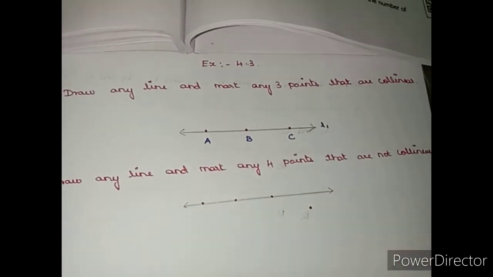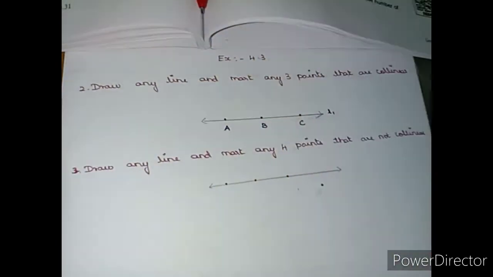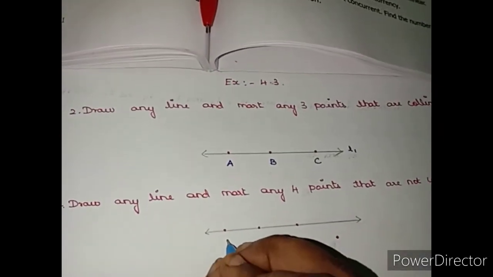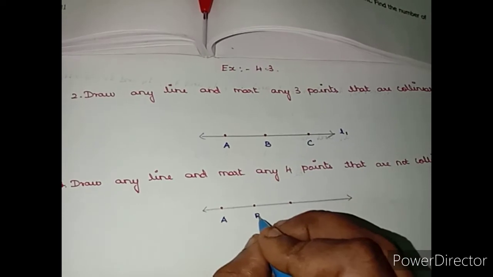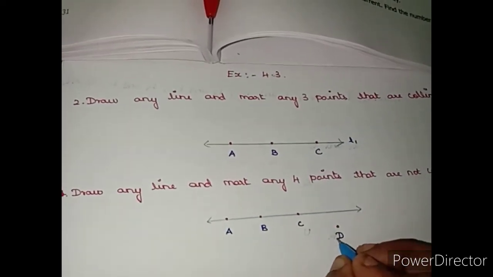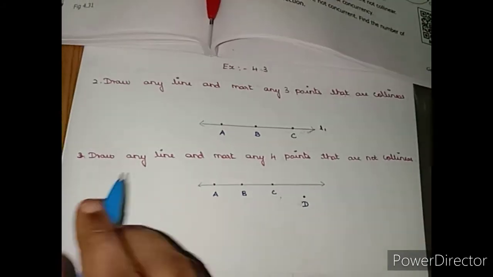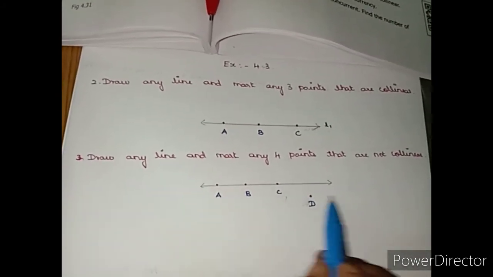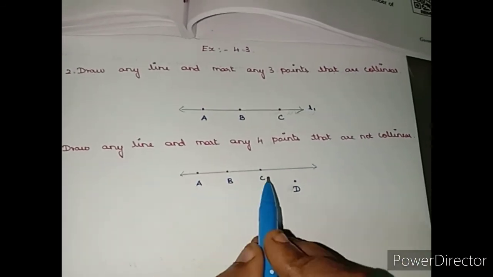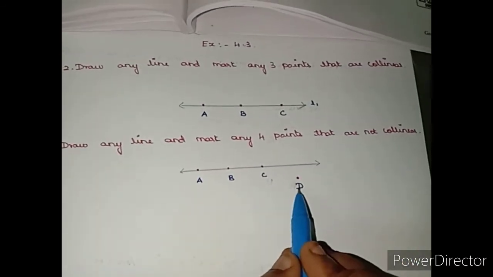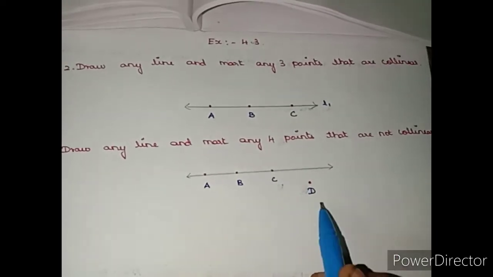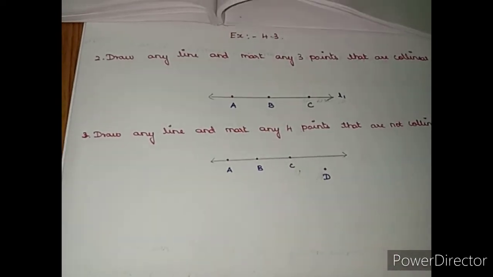The fourth point I am keeping here. A, B, C. These 3 are collinear and the fourth point is not collinear. They have asked to draw any line and mark any 4 points that are not collinear. A, B, C are collinear, but C, D is not collinear. So it is not a collinear line. We'll go with the next question now.